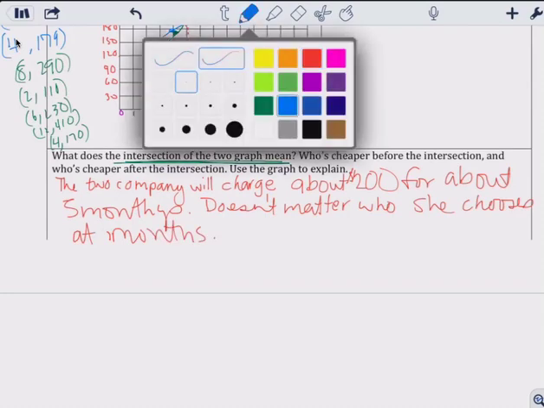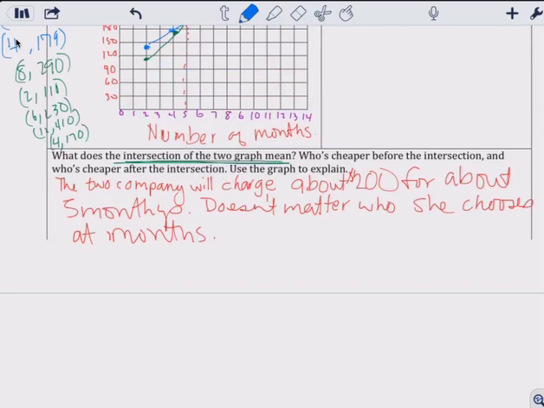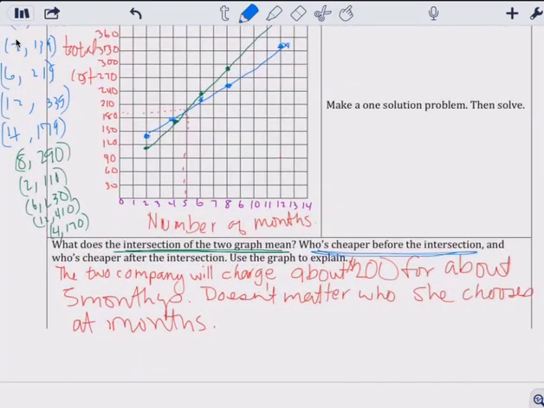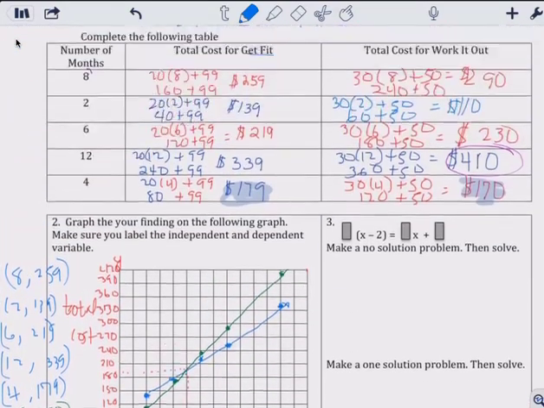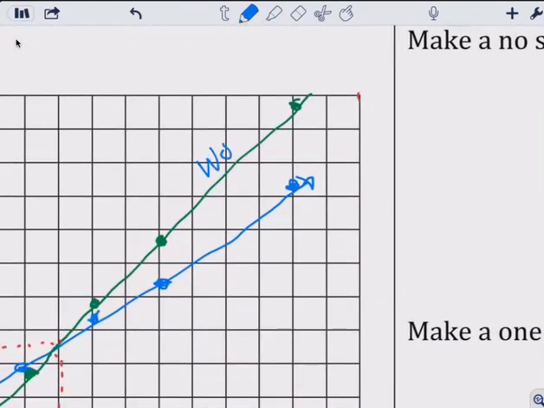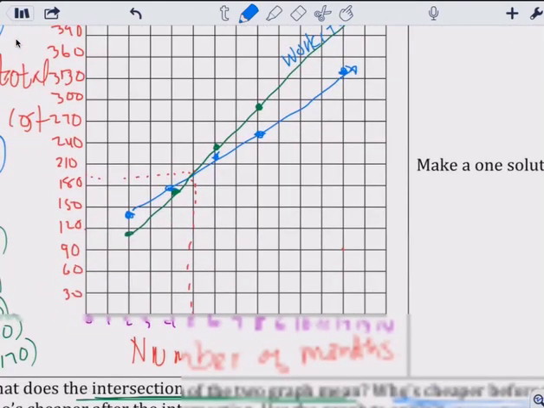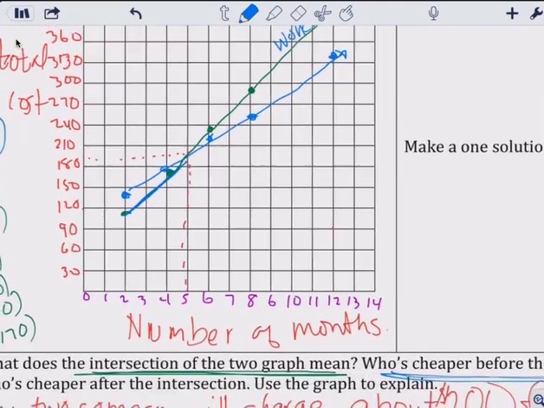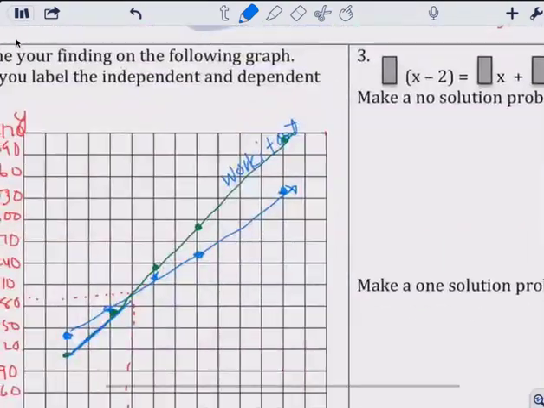Okay, then the question asks, who's cheaper before the intersection? The green line. What's the green line? Work It Out. So Work It Out is cheaper because it's below Get Fit, right?